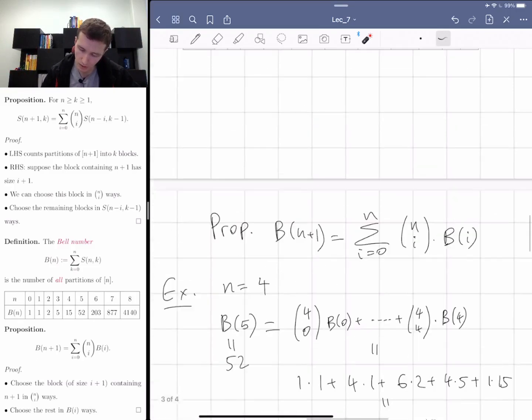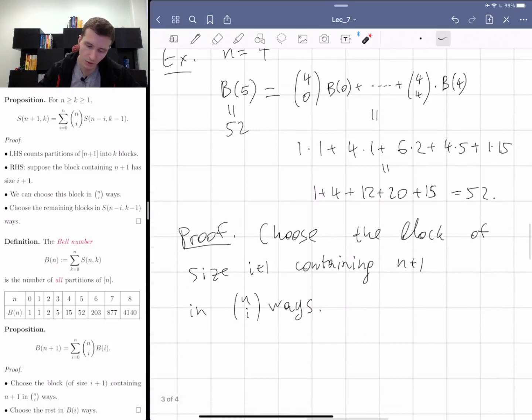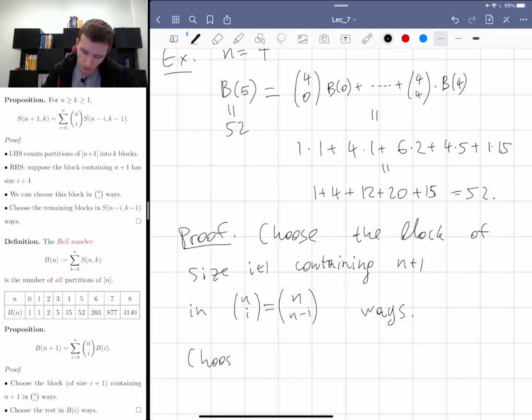Wait, is there? Yeah, I guess. So n choose I. Yeah, I guess there is a subtlety here. N choose I is equal to n choose n minus I. So choose the rest. The rest is going to be a partition of n minus I in b of n minus I ways.